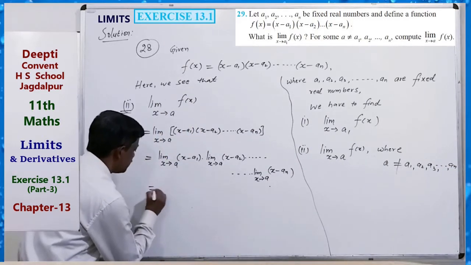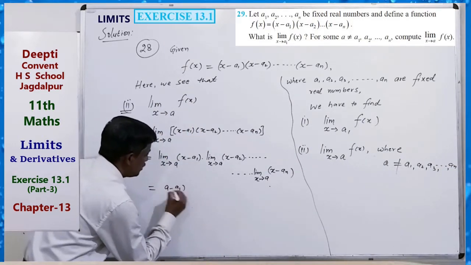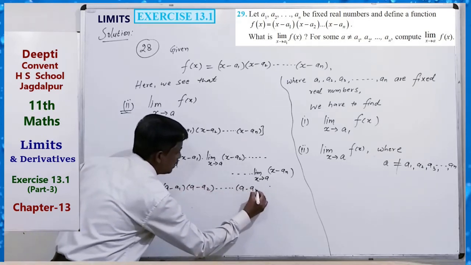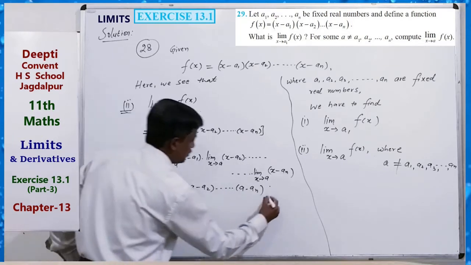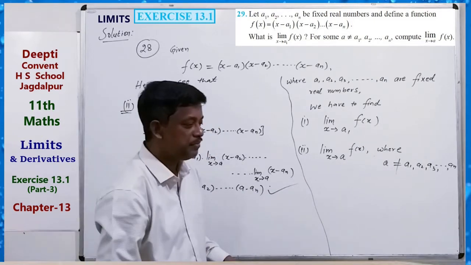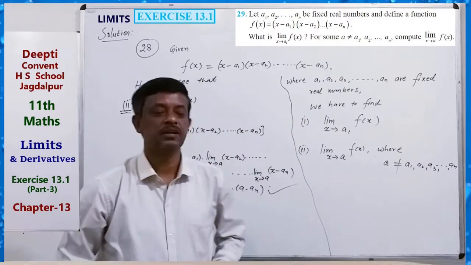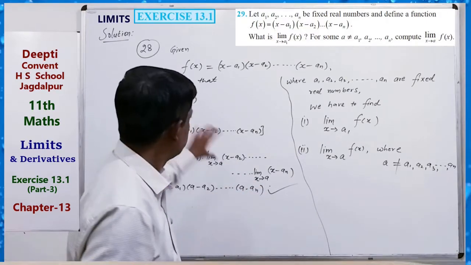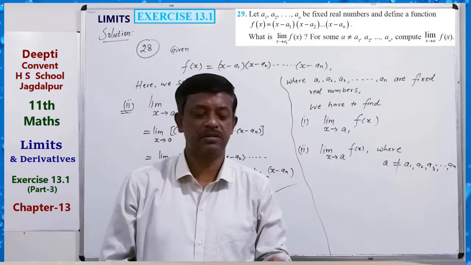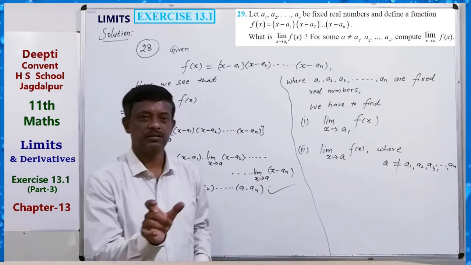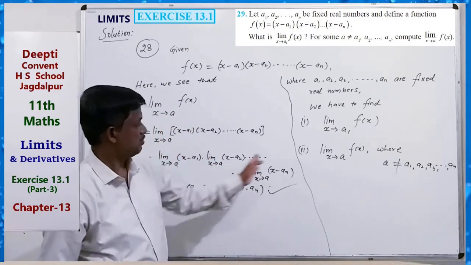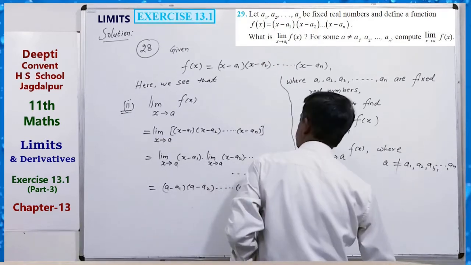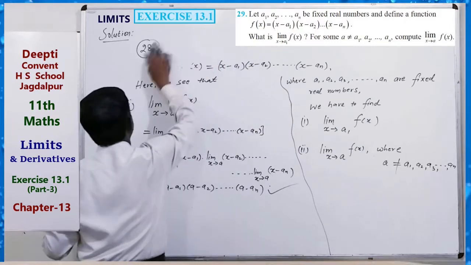That means this is equal to what? (a minus a1)(a minus a2) up to (a minus an). This is the value. This is the required limit. a minus a1, a minus a2 up to a minus an. So very simple. Just you have to write in a proper way. How can we find the limit? Logically. What is the property? Limit can be separated as a multiplication, also in the numerator and denominator, and also distributed as a sum or product.